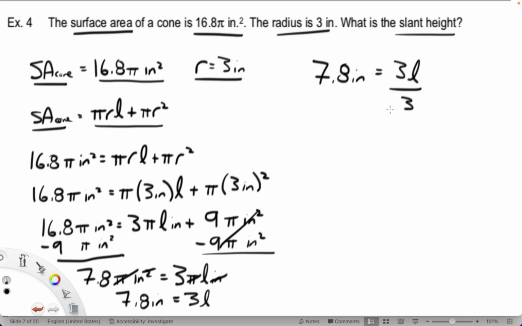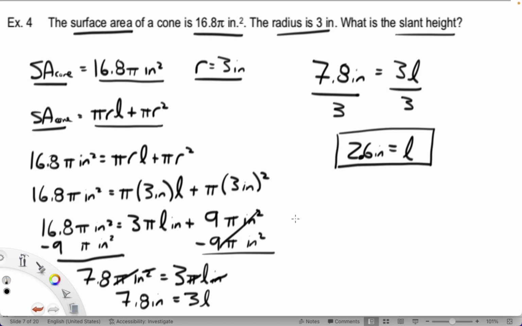If I divide both sides by 3, I get that L equals 2.6 inches. So that's how big my lateral height is. 2.6 inches is my lateral height. And I found that by just plugging the formula for my surface area of a cone and what the actual value was, plugging that in, and then just solving for the missing variable of L.